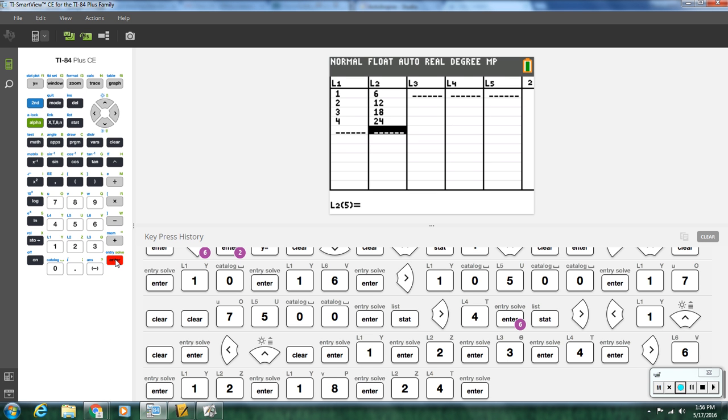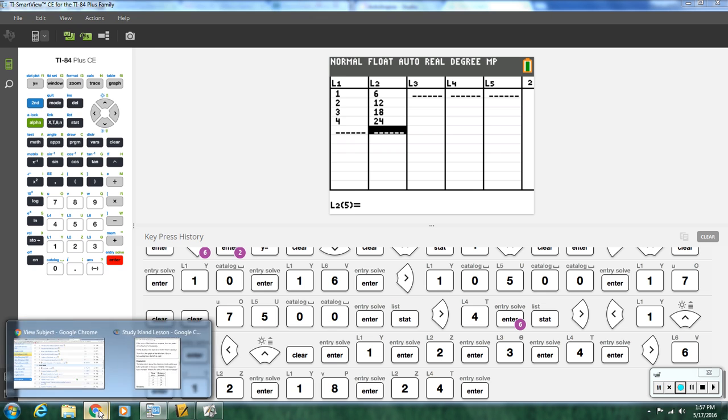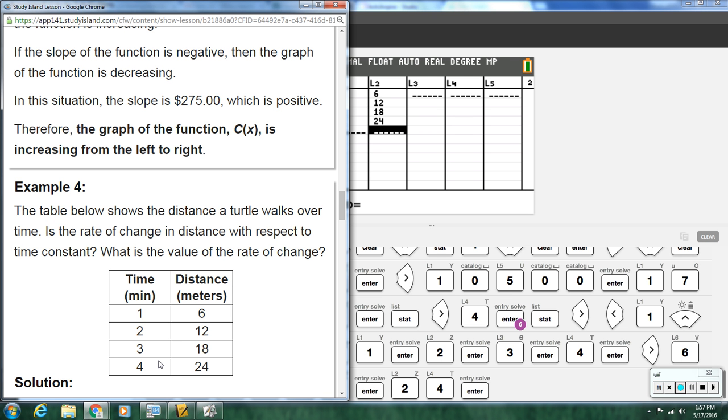Now, before you get any further, you got to decide, when I do my stat calc 4, or stat calc 5, or stat calc 0, I got 3 choices: a line, a quadratic, or an exponential. Think about this, common sense wise. A turtle is walking over time.